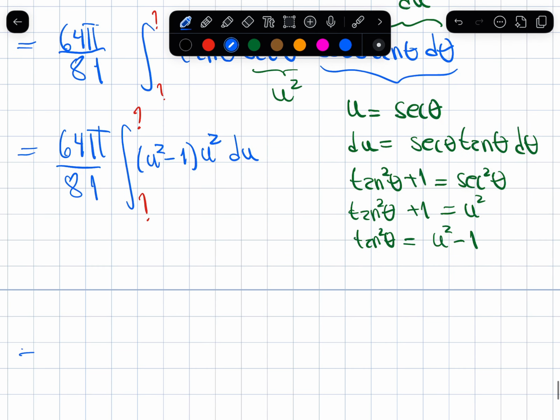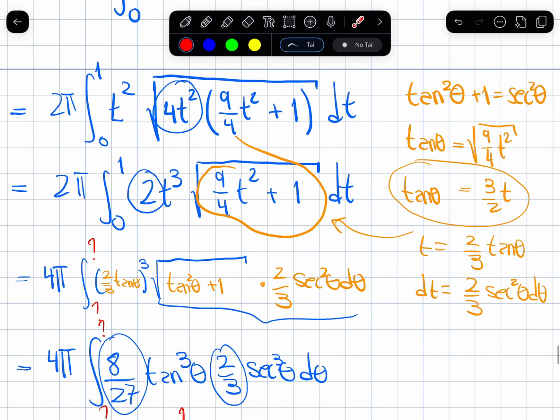Go back, see if you can follow along and trace, find out the correct limits of integration. Look back, right? You had that t was 1 and then 0. What does theta have to be when t equals 1? This is what you have to figure out. You say when t equals 1, tangent theta is 3 over 2.